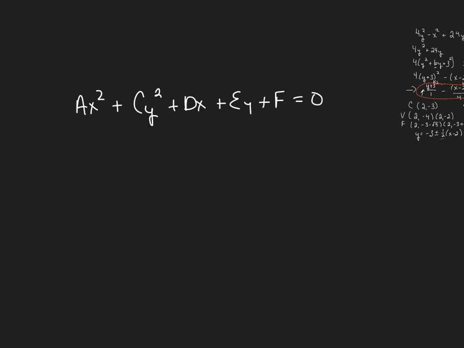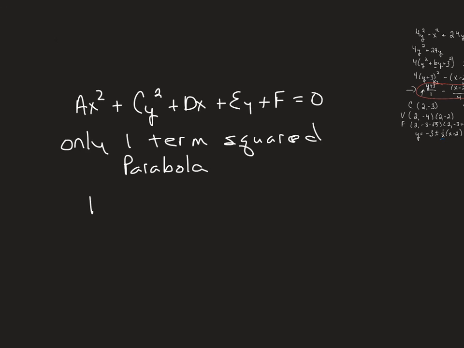Now notice, if only one term is squared, you have a parabola. If A equals C, then you have a circle.